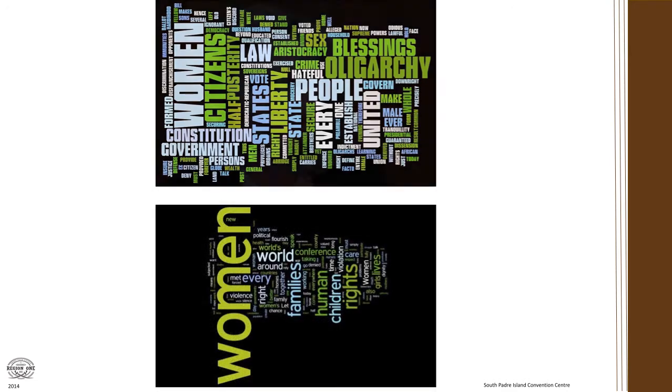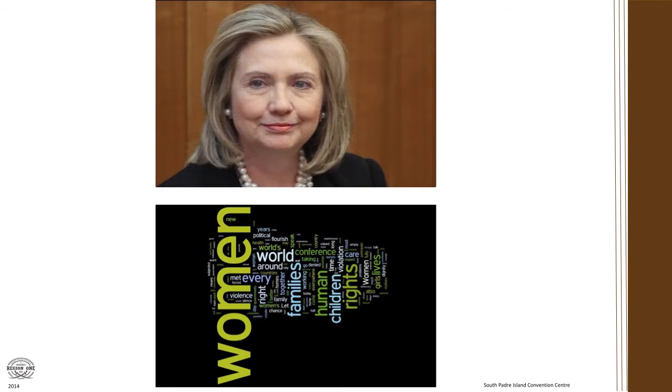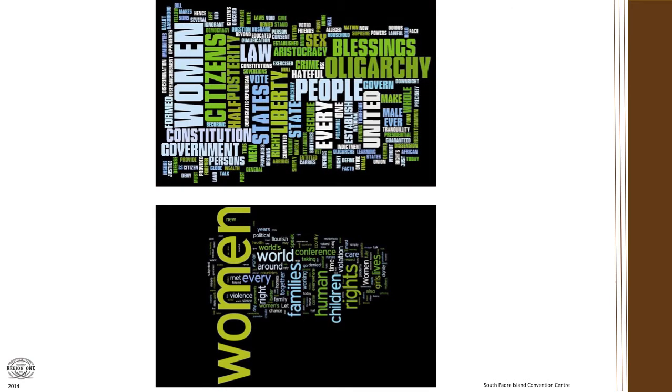In comparison to Hillary Clinton's women's rights speech, they use similar words. Again, women, families, children, rights. So if you look at both speeches, it is easy to compare the two using Wordle.